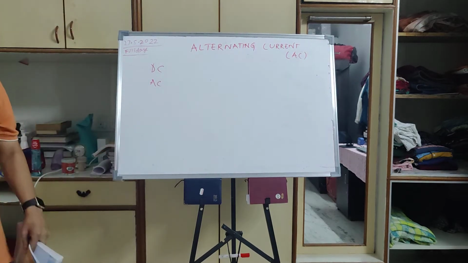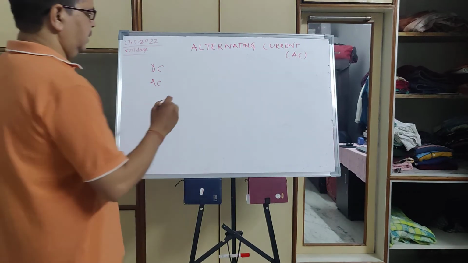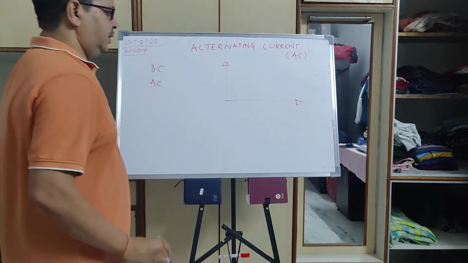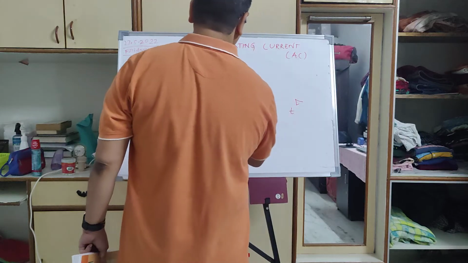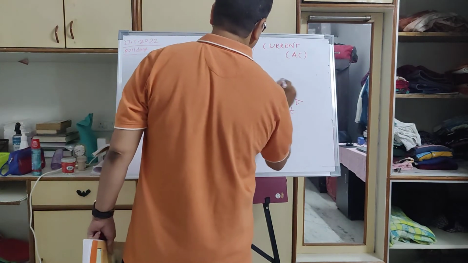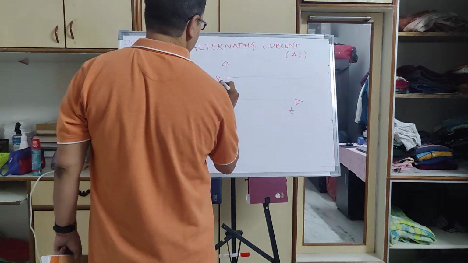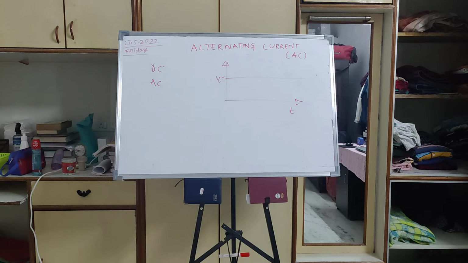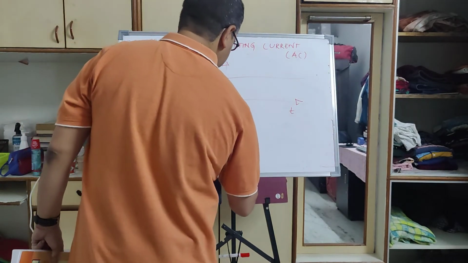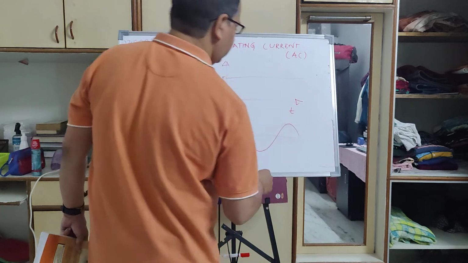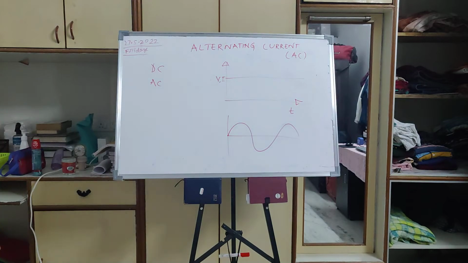If I plot time against voltage, DC means my voltage or current remains constant with time. Whereas in AC, my voltage or current is sinusoidal in nature.